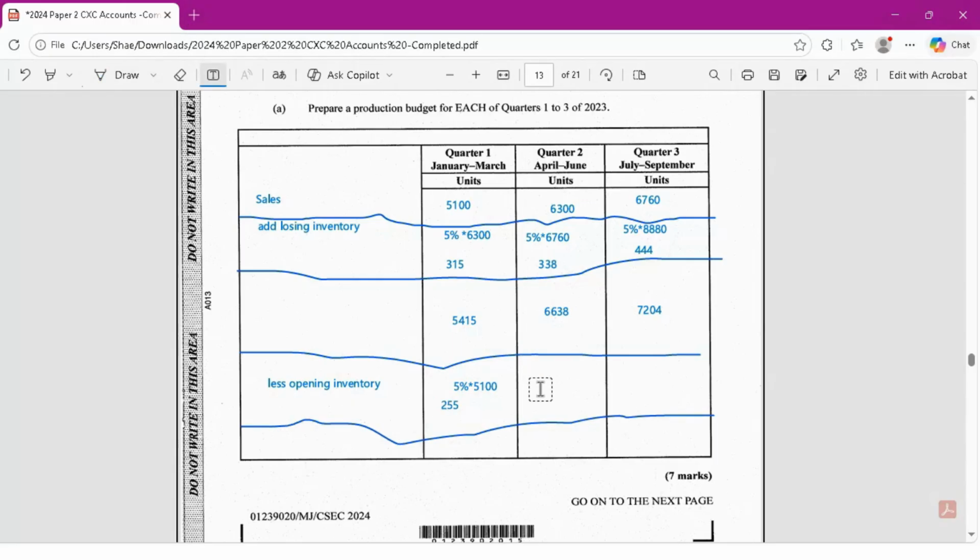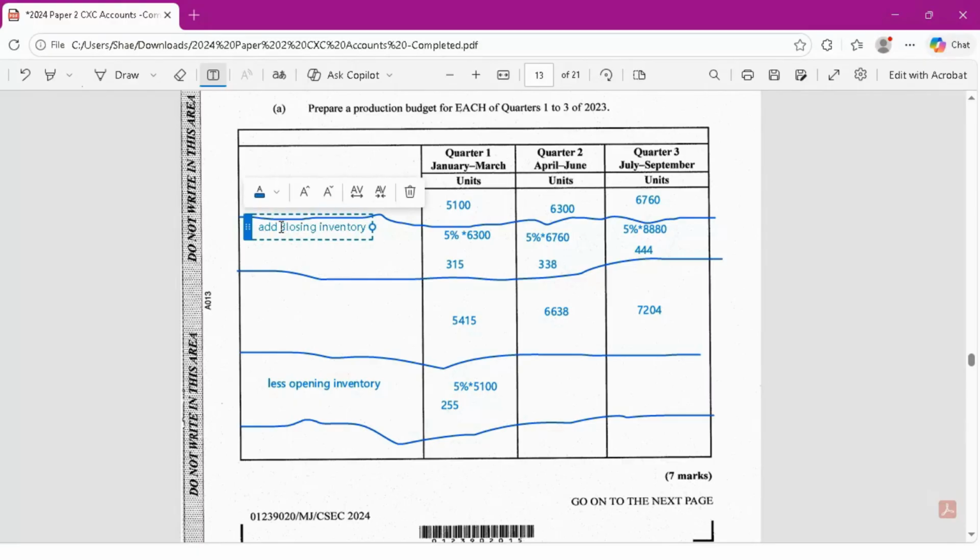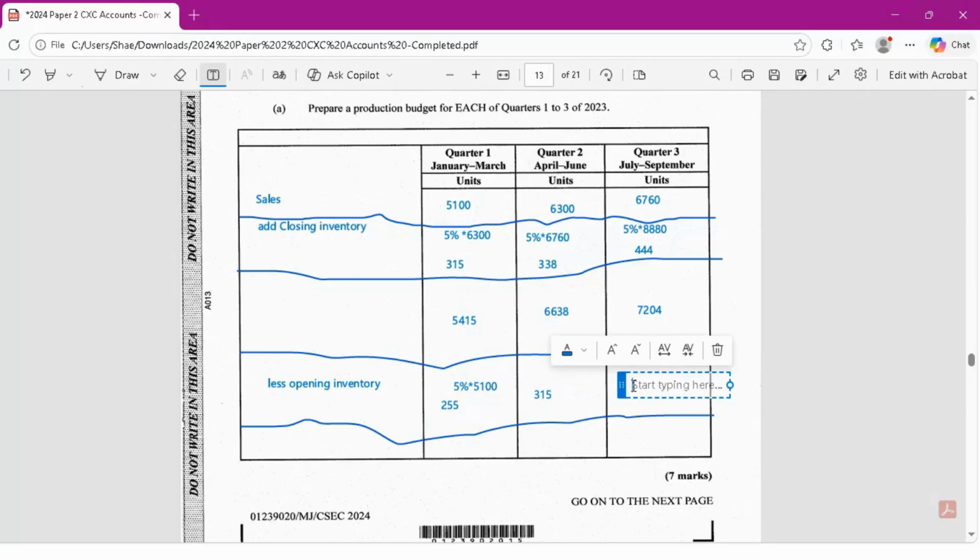Now remember that we ended January to March with 315 closing inventory, which means that we started the next quarter with the 315, and then we ended quarter two with 338. So we start quarter three with the 338. So that is our opening inventory. Now we just add these figures to what we got up here.